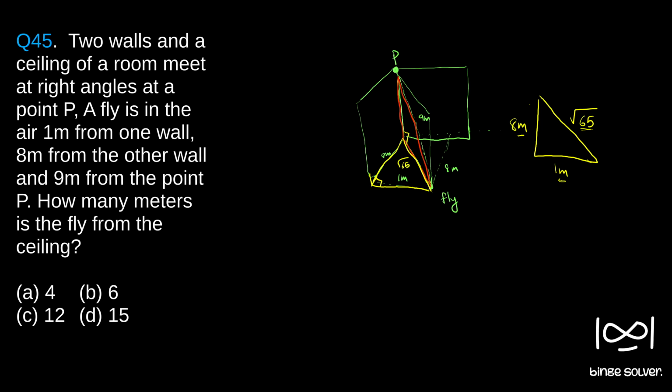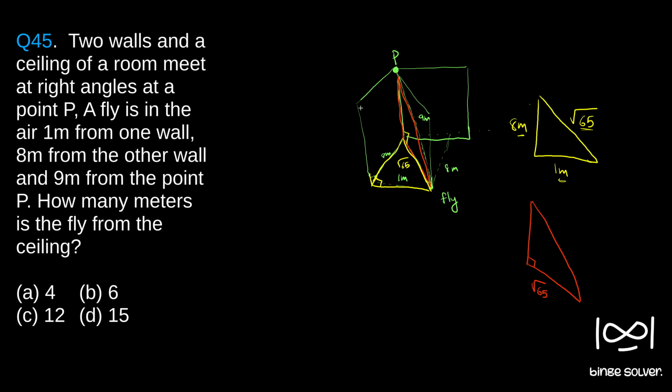Now we will see the red triangle. Red triangle is something like this. This is 90 degree, and we got this as root of 65, and this is the distance from the ceiling.